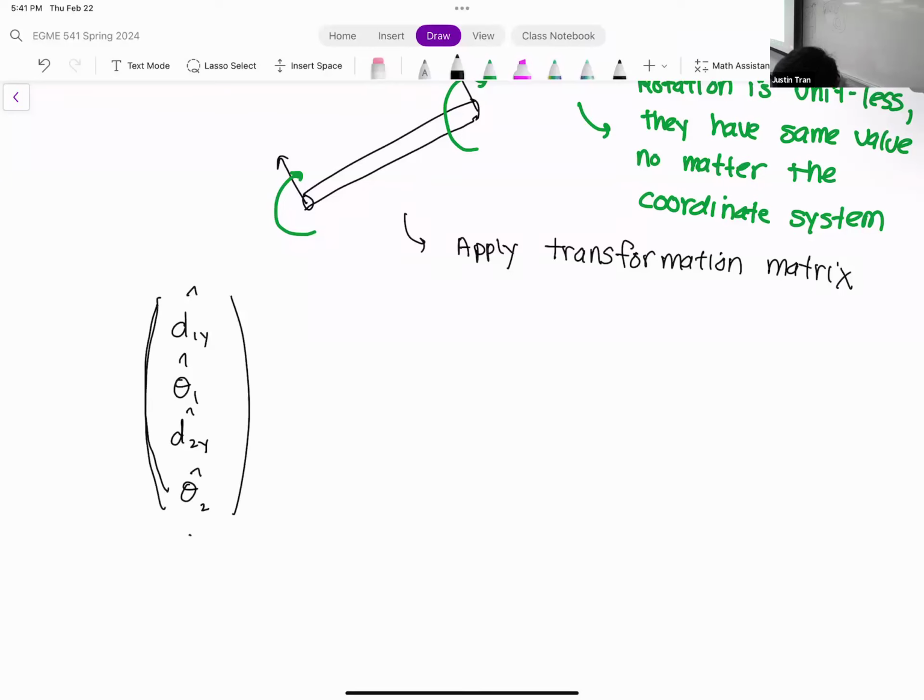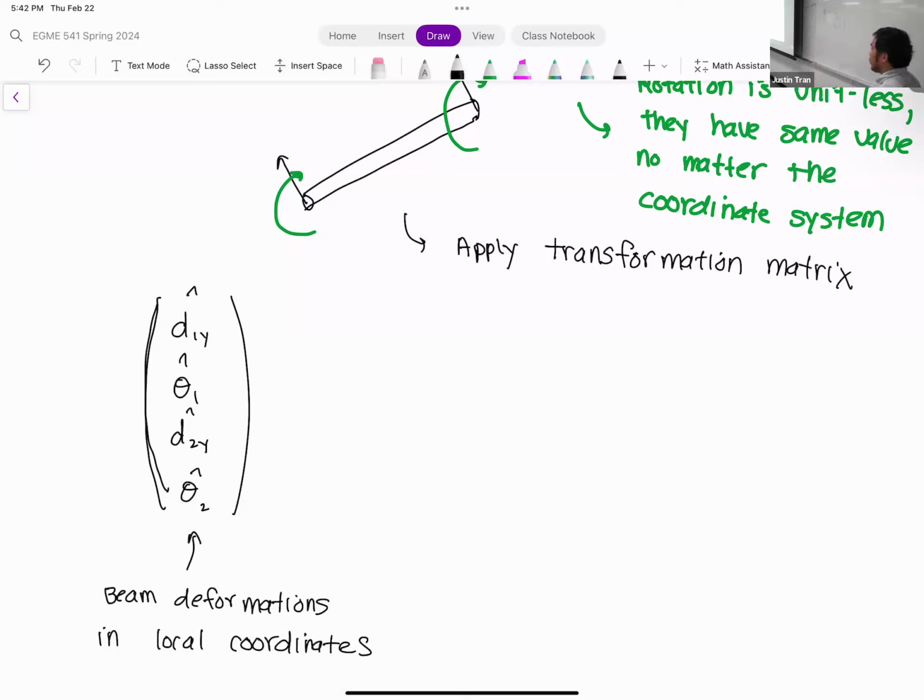So these are beam deformations in the local coordinate system, the coordinate system that's attached to the beam and rotating with the beam.